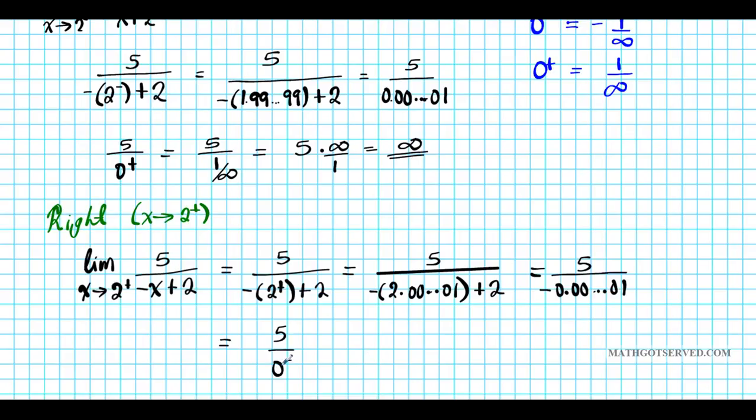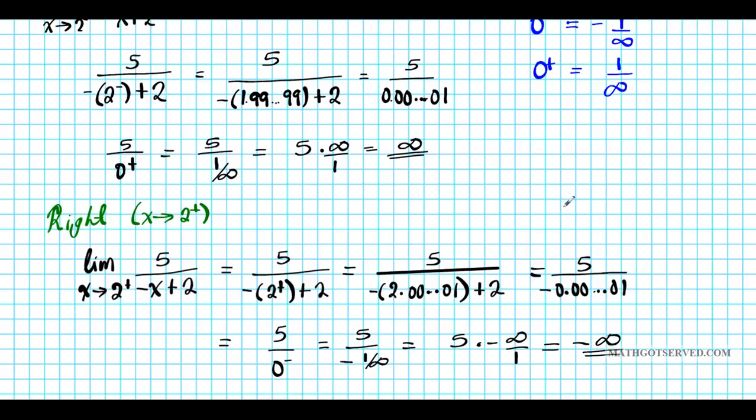Okay? And 0 from the left is negative 1 over infinity, so we can write this as 5 over negative 1 over infinity. Then we can multiply the numerator by the reciprocal of the denominator, and your answer is negative infinity. This is a right-hand limit.